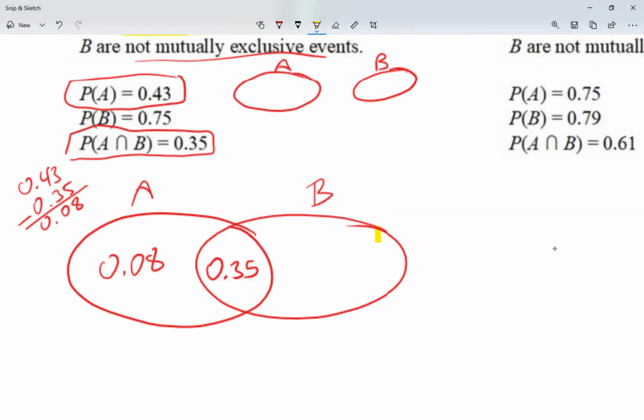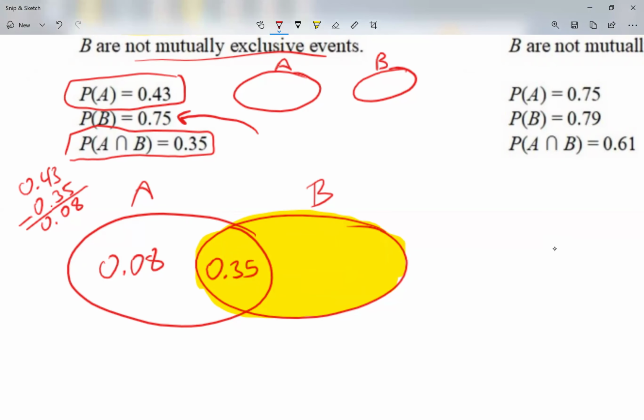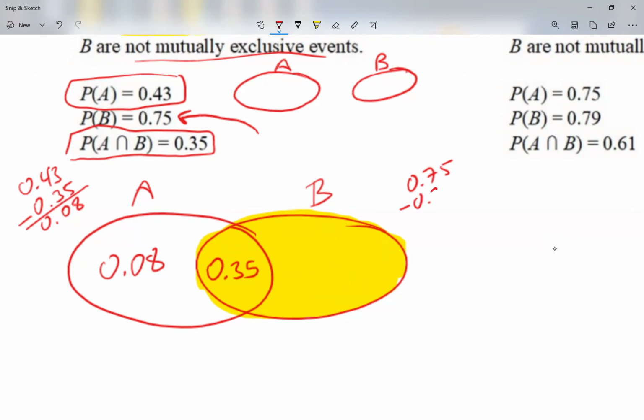Let me highlight. When I'm looking at B, I'm looking at this whole thing. All of this is probability B. And I see probability B is 0.75. So if I go 0.75, that's the whole probability B, and I take away 0.35, I take away part of it, it gives me 0.40, right?